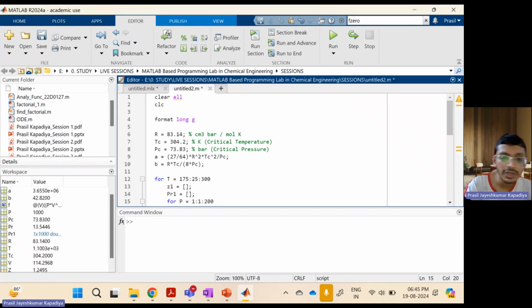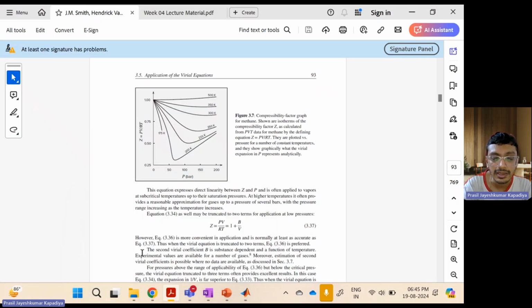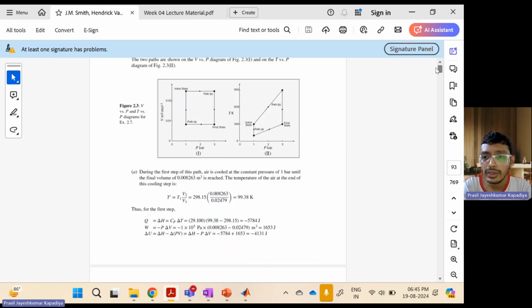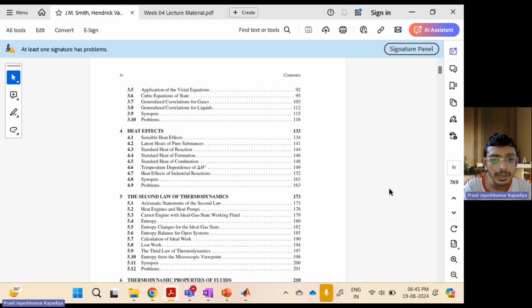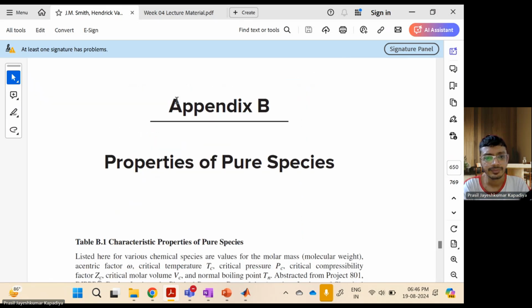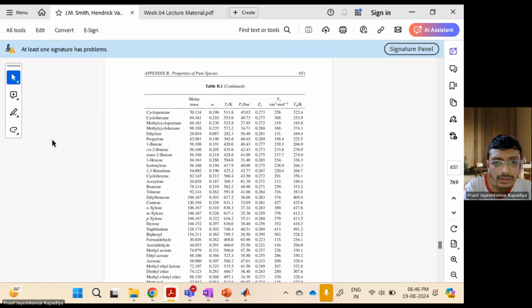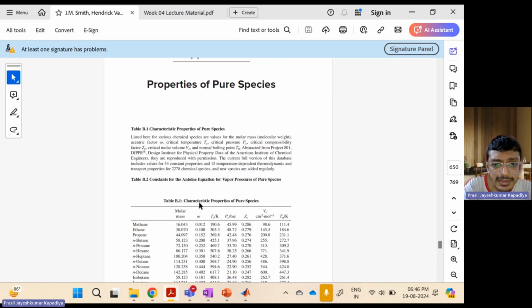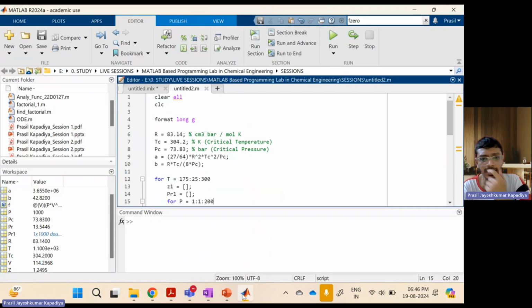But what we need to change are the values of TC and PC. So let's check the values of TC and PC. What is this page number? This is page number 39. So we'll remember it. So TC and PC from appendix B for methane. For methane, TC is equal to 190.6 Kelvin.